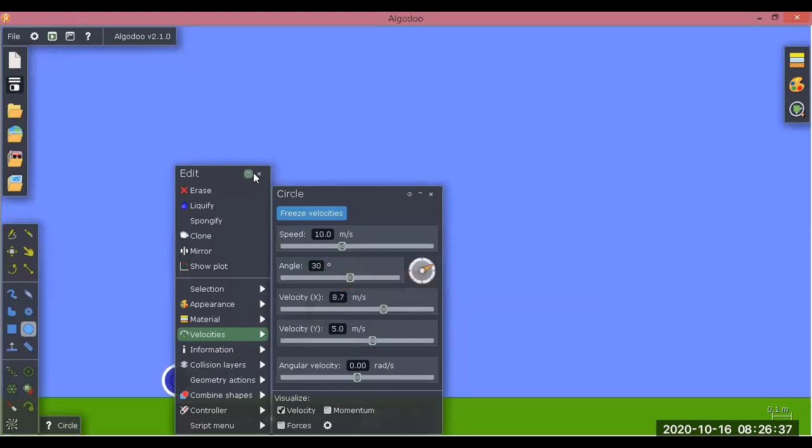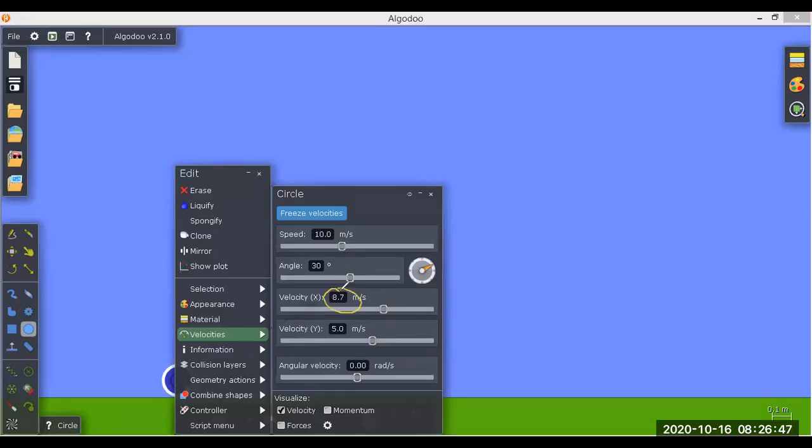Okay, fine. So here, do you see these numbers? Velocity x, velocity y. What you are seeing here is the x component of initial velocity, and this is the y component of velocity. You could calculate that.